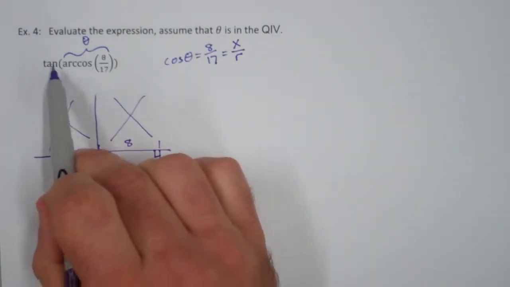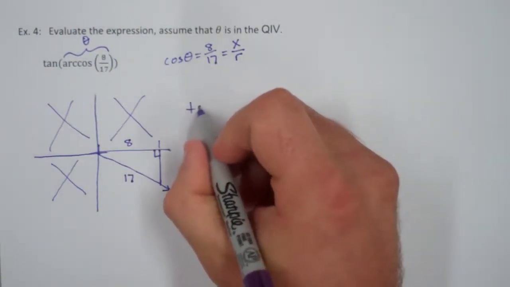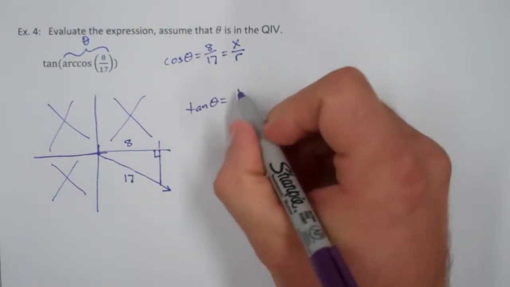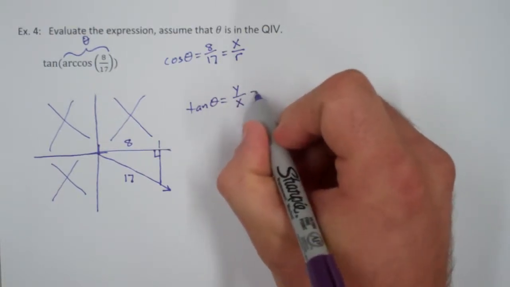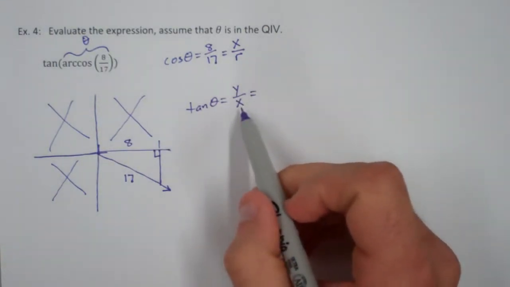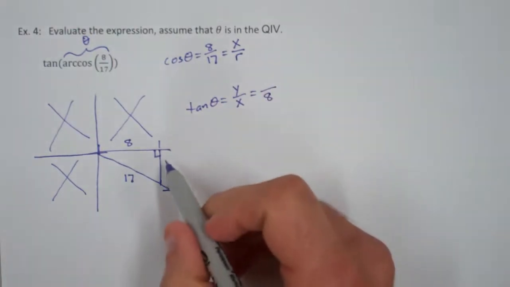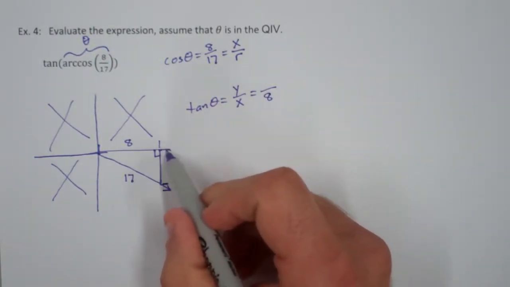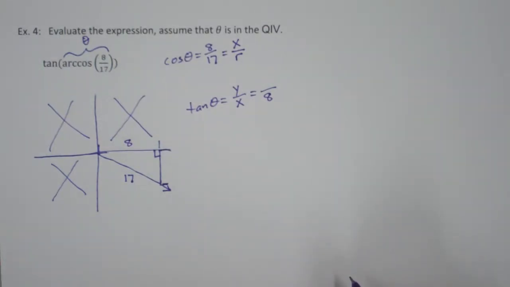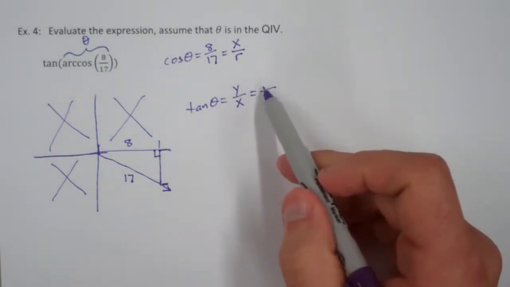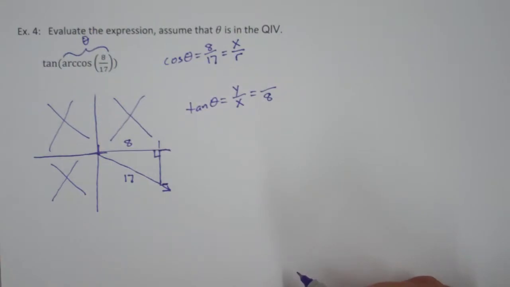We actually have to take the tangent of that angle, and so we know that the tangent of that angle is y over x. We've already got one part of this y over x figured out. The x is 8. We just need this missing piece right here. That's the y piece, and then we'll just substitute that in and we'll have our final solution.